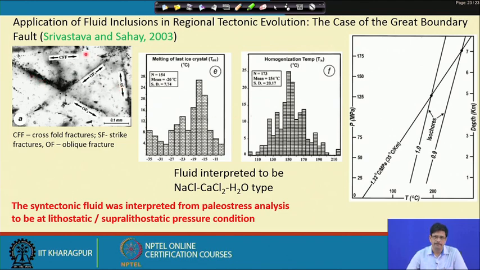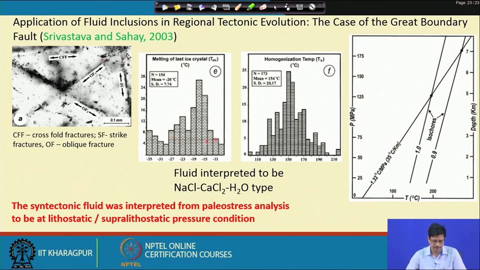These arrays of the fluid inclusions contain mostly aqueous biphase inclusions, which are interpreted to be NaCl, CaCl2, H2O type based on the eutectic temperature that was obtained during the freezing experiment.